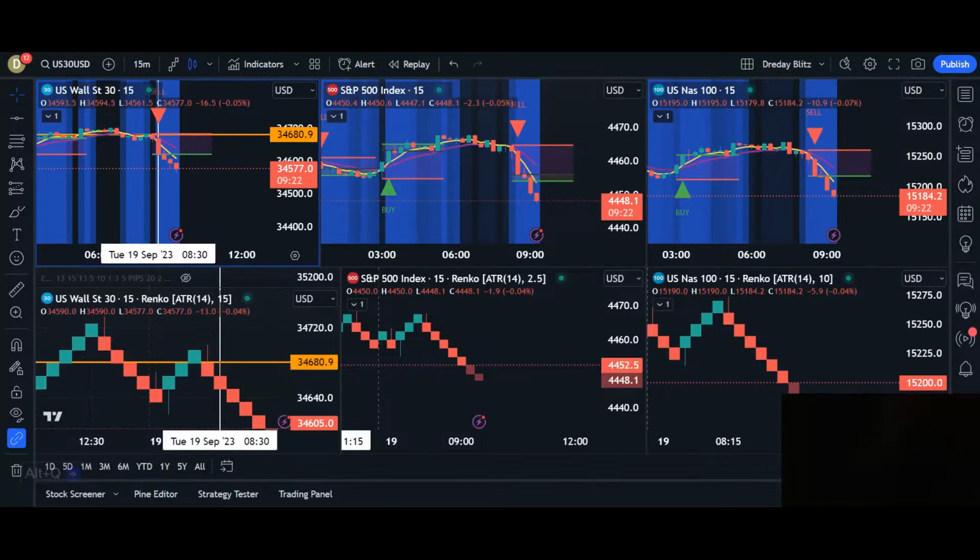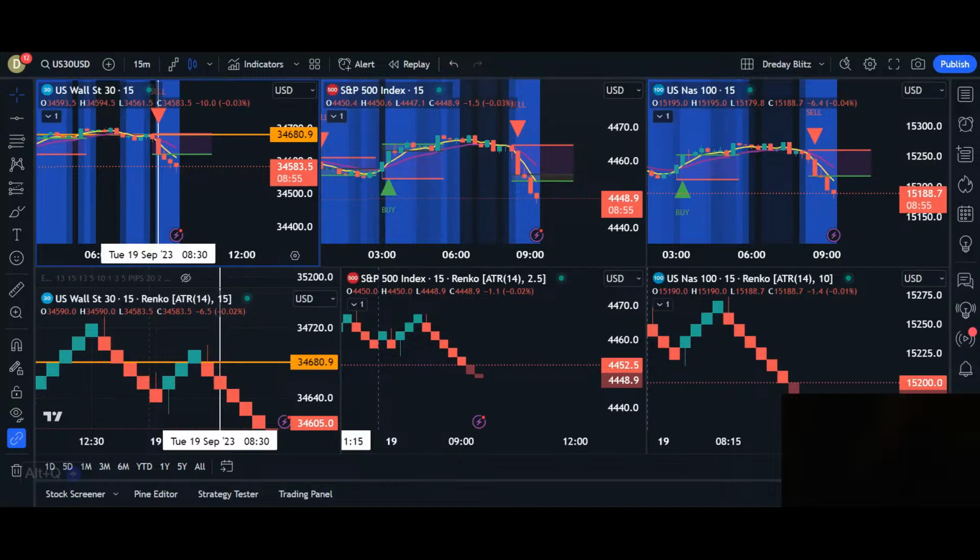Currently it's 9:20 Eastern Standard Time. So in 10 minutes, the market will move. If you had the indicator since 8:30, you would have entered those three trades right now: US 30, S&P 500, and Nasdaq. And another thing, the indicator will work on any type of market.